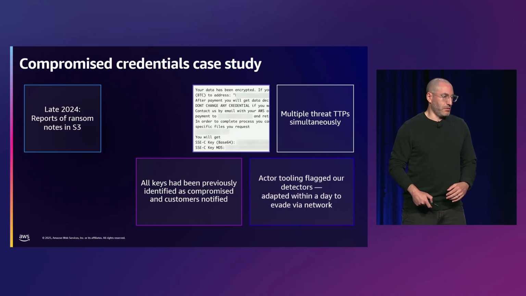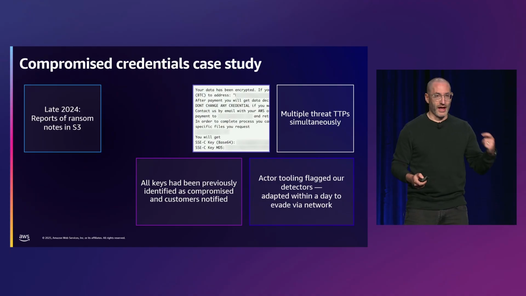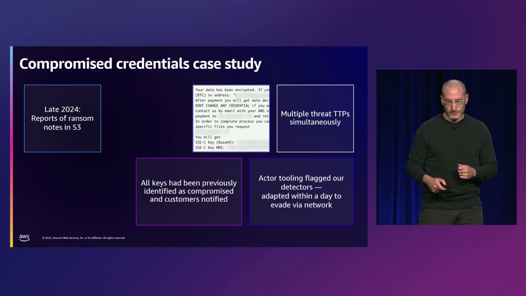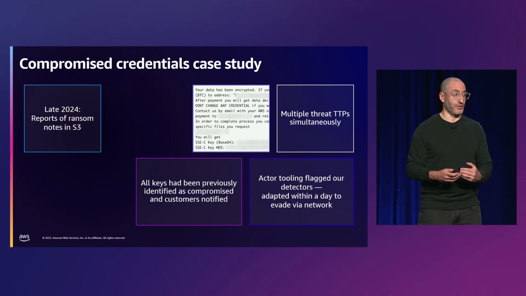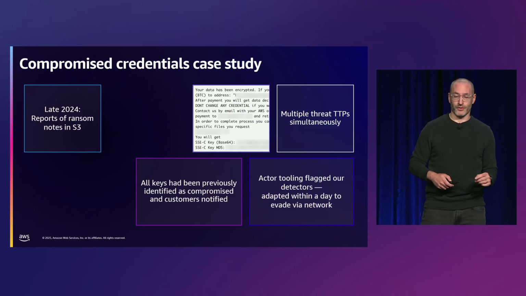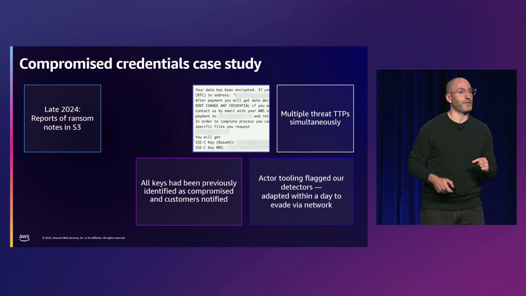So again, we saw all of this happening, right? The actor tooling, we had the detections, and we decided we're going to block at the network level, to try to stop the pain for our customers, because we want to help and make these threat actors stay away from our customers. What we saw is that within a single day, they figured out they were getting blocked at the network, and they broke down their operations. Every single step of their operation came through a different IP address.